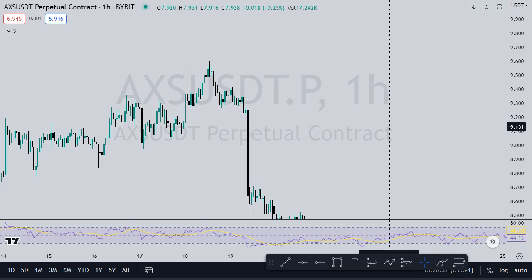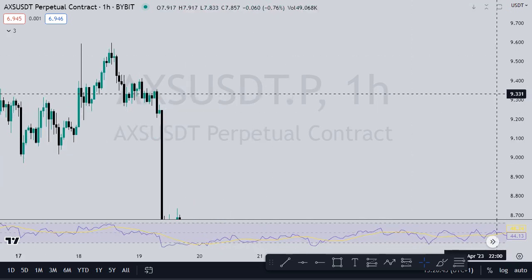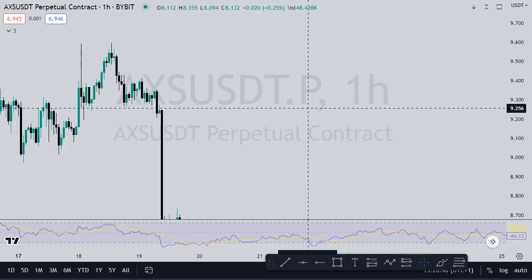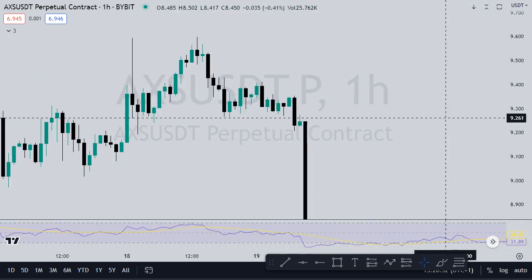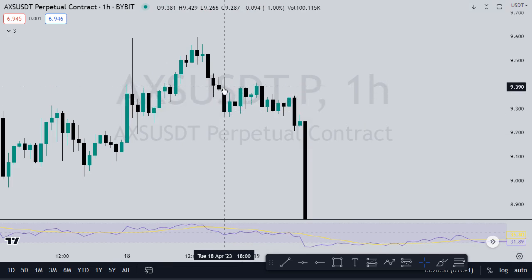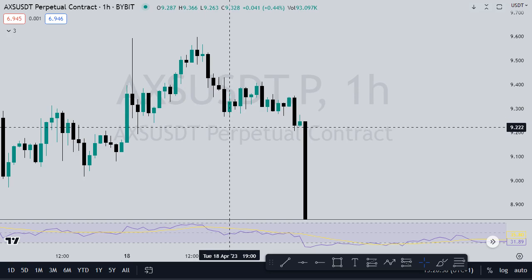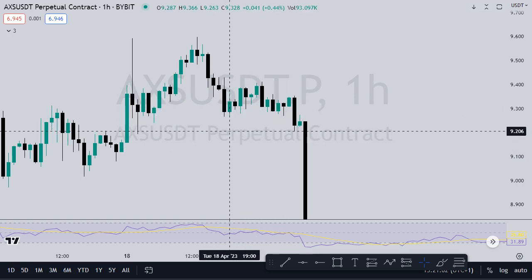Harami pattern. Harami is a word for pregnant in Japanese. I want to show you what I mean because you need to relate it with what it actually looks like for it to make sense to you. Look at this bearish bar and this green bar. It is a perfect illustration of an inside bar pattern because it looks like a pregnant woman.